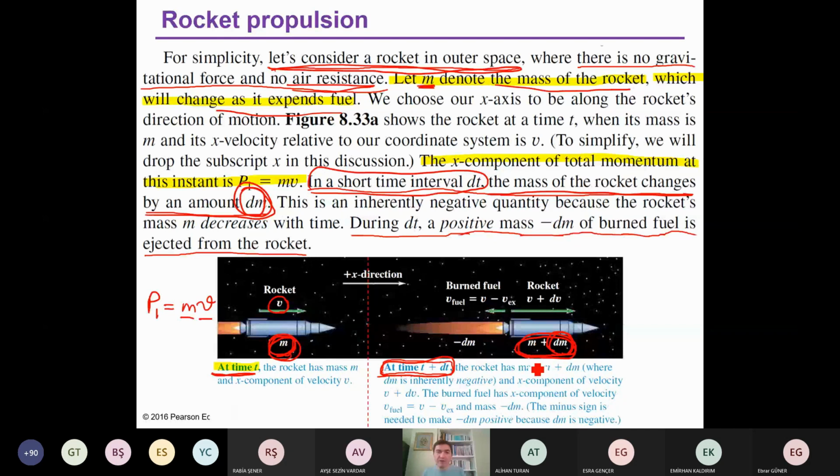And what about the velocity? The velocity of the rocket during this dt becomes v plus dv. Now let's go into detail.